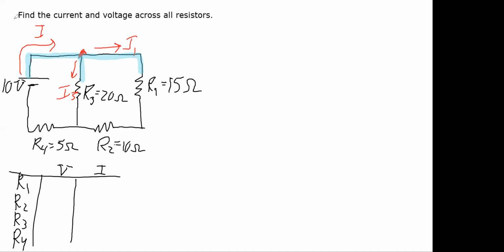Now R1, if you look on the right here, is going to give me a certain voltage drop, and R3 is going to give me a different voltage drop. They have different resistances, and they're also going to have different currents too. But we're going to assume that they have a different voltage drop here and here. So that means they're going to have different voltages. So I'm going to represent that as different colors. Hopefully I don't run out of colors really quick.